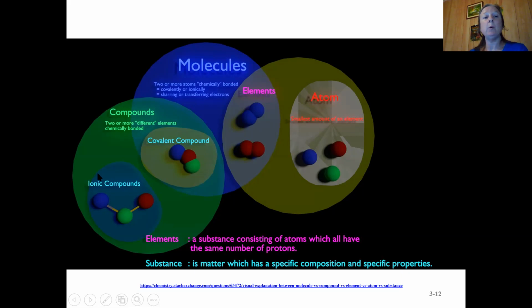And so now we've taken compound though, and we've enlarged it, because a compound can be covalent. The definition is two or more different atoms chemically bonded. So that is a subset of a molecule. But over here, outside of the molecule terminology, we have the ionic compound.